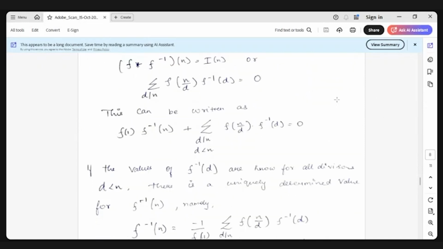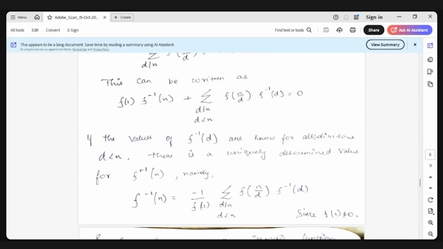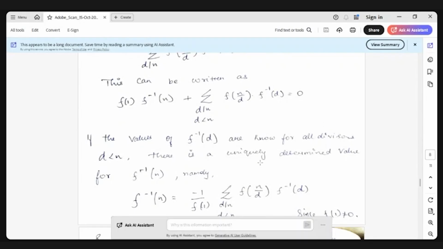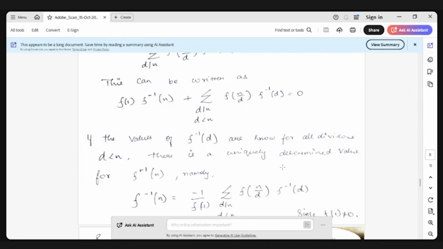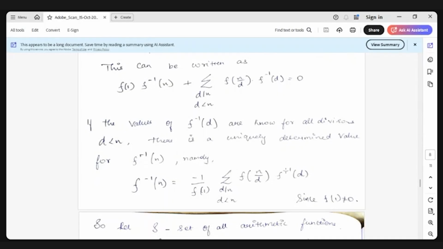So if the values of f inverse of t are known for all divisors t less than n, there is a uniquely determined value for f inverse of n. So this demands our knowing the f inverse of t for all divisors. Yeah. So then this will go that side and become minus one, and minus one by f of one will be fetching us this relation. Okay.